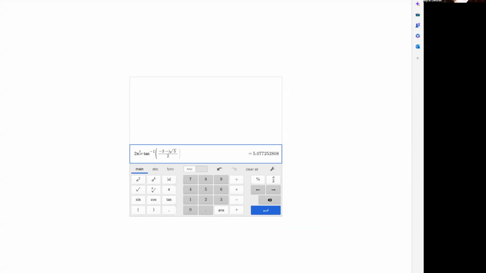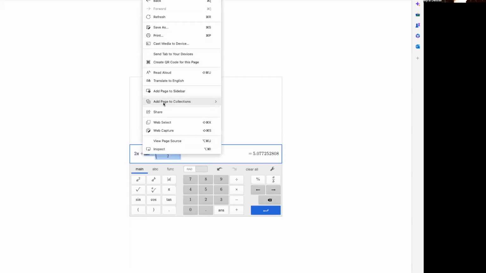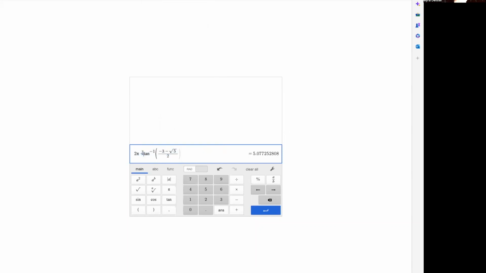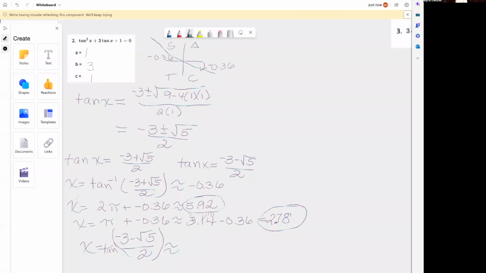Okay, so I got another negative number. So I have to put the 2 pi back. And I get 5.08.